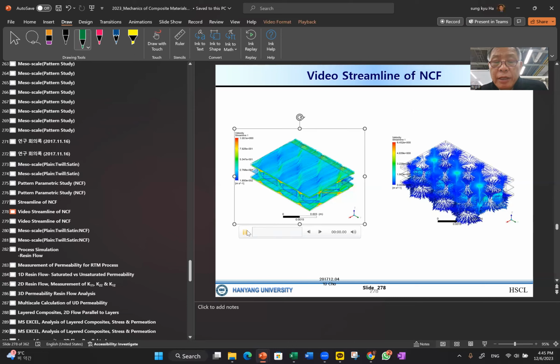This is fluid mechanics. So permeability is not just measured, but calculated using flow analysis, using fluid mechanics.